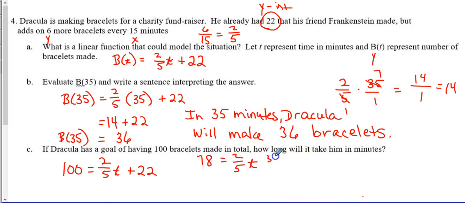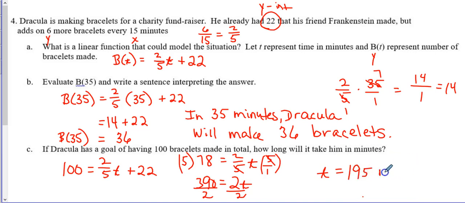If I multiply times 5 over 1 here, and I multiply times 5 over here, I get 390 equals, these 5's cancel, so I'm left with 2t. And then I can divide by 2. I could have multiplied times 5 over 2, but I think it's a little bit more confusing. It's a little bit easier to do it this way. So t equals 390 divided by 2, which is 195.